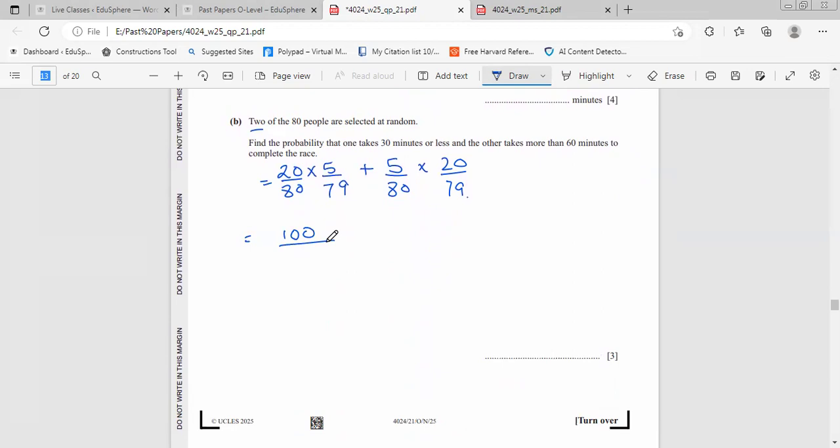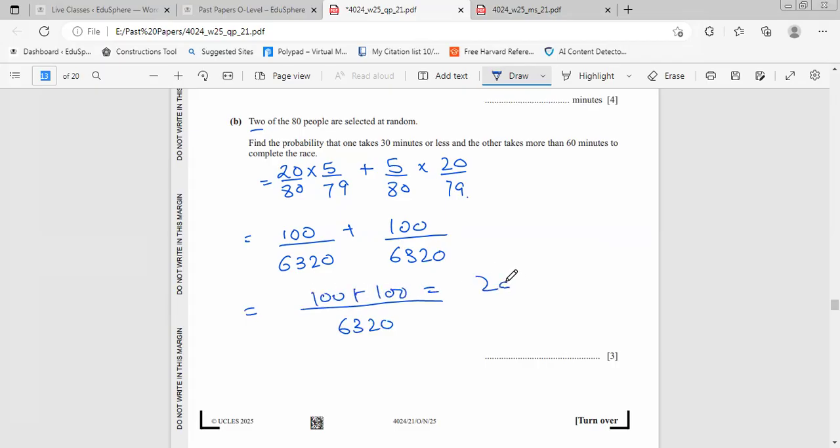So I get 6320, plus 100 over 6320. If I take the LCM, it would be 6320, 100 plus 100, so it would be 200 by 6320.